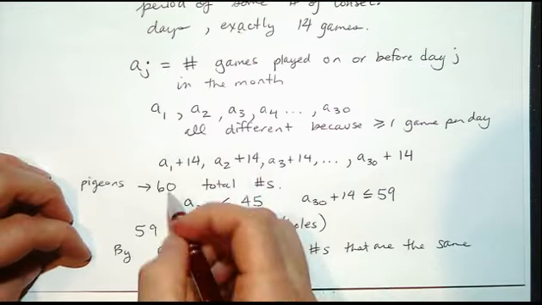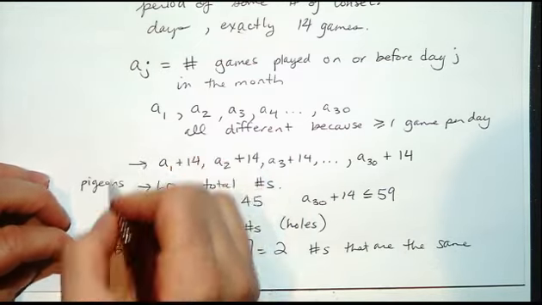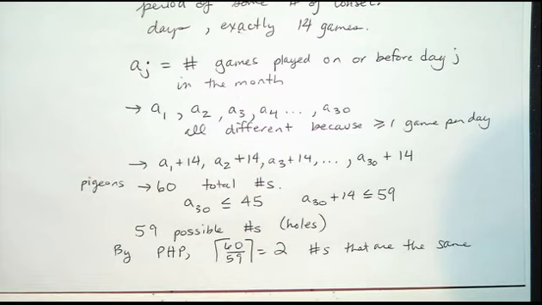But we know that none of those in the second list can be the same as each other, and none of those in the first list can be the same as each other. So the two that have to be the same are one from the first list and one from the second list.